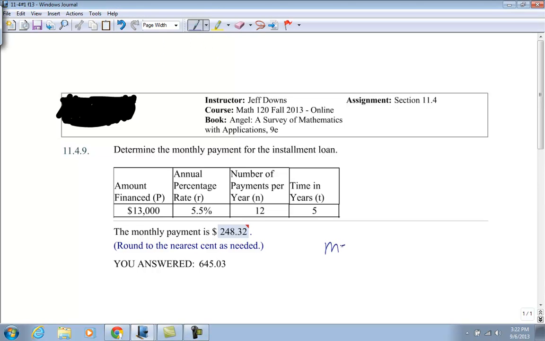The formula, and I'm looking right here in the book, 11.4, page 632: M equals P times R over N, over 1 minus (1 plus R over N) to the negative NT power.